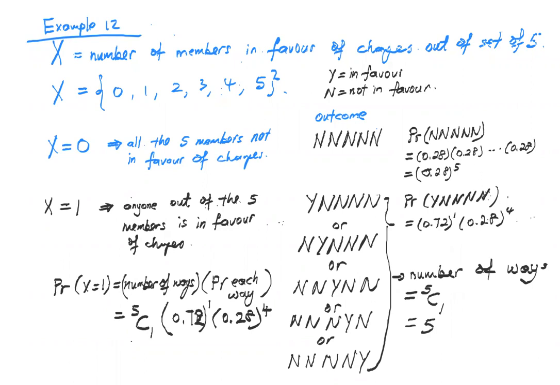See or not? That is how you interpret the formula. The first number there is to tell you the number of ways to get anyone to be agreed upon with the changes. Are you clear?